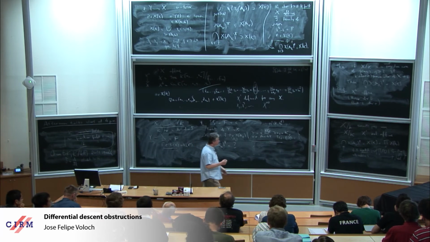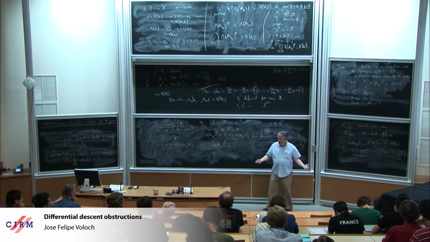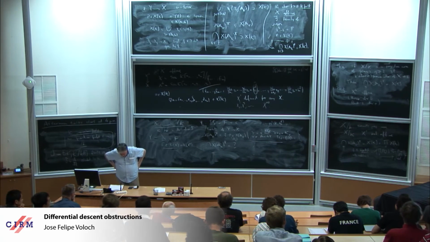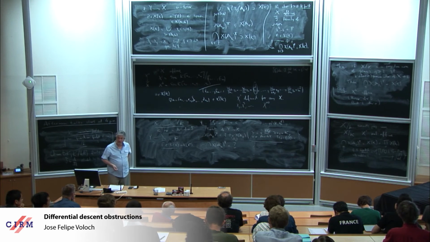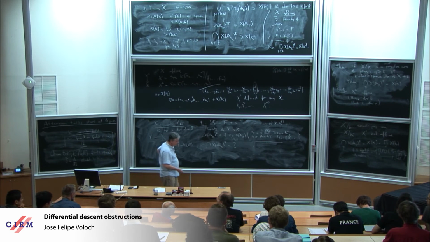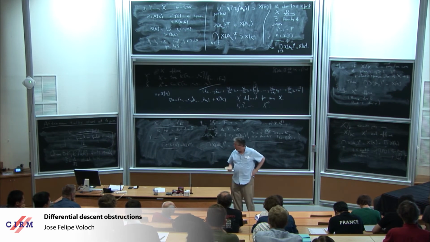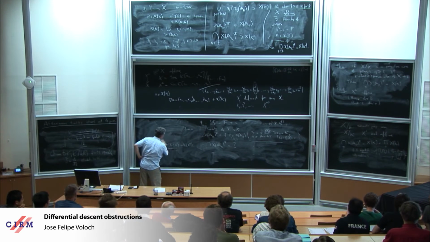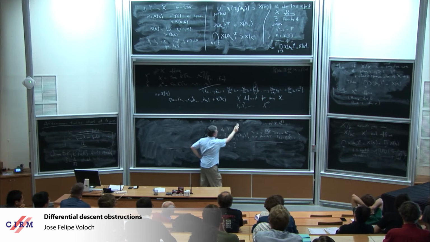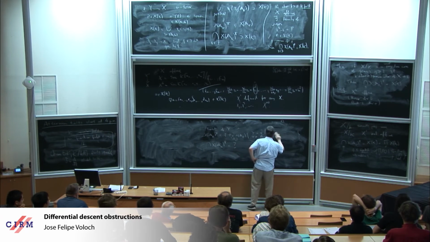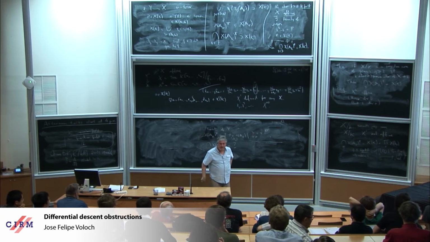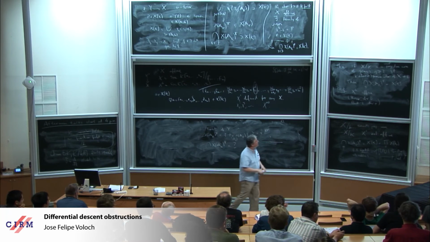So here's another example. Yes, genus at least 2, always assuming that the genus is at least 2.